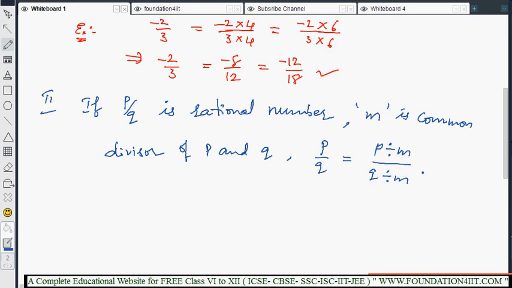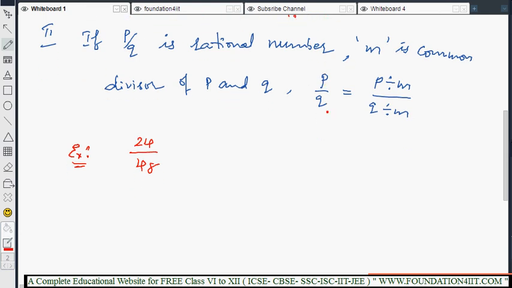So if m is a common divisor, it means p and q are divisible by m. I'll give you examples to understand clearly. Let us take 24 by 48, because both are even numbers, we can do division. 2 is a divisor of both 24 and 48.